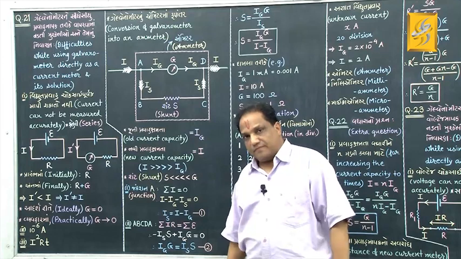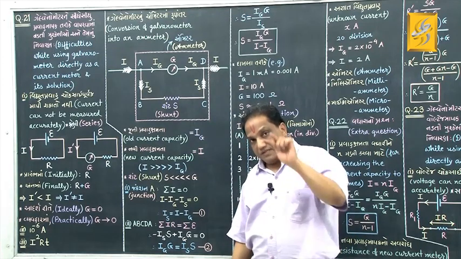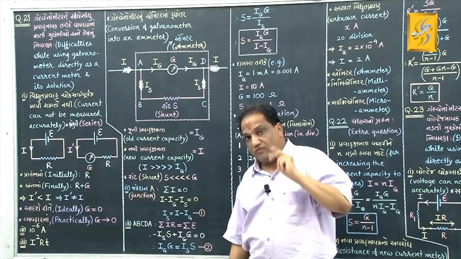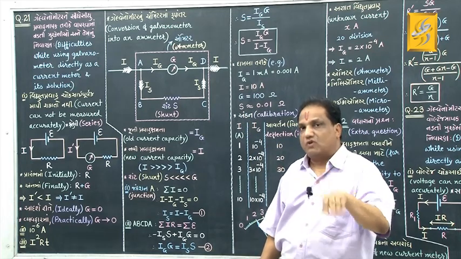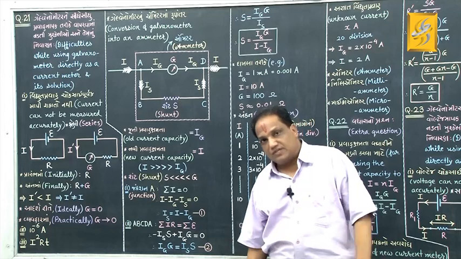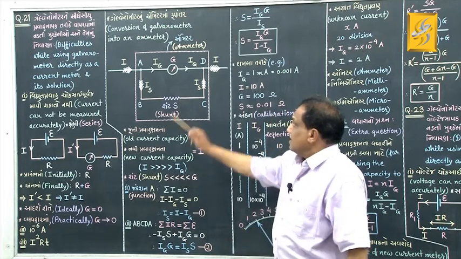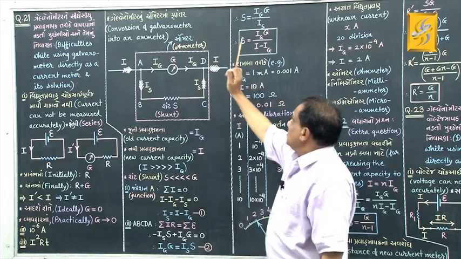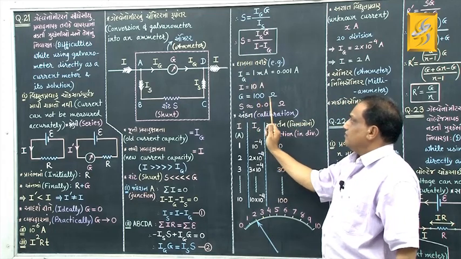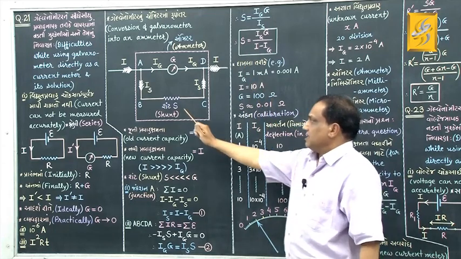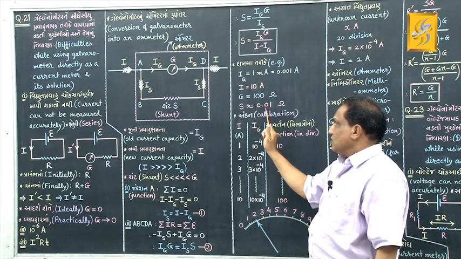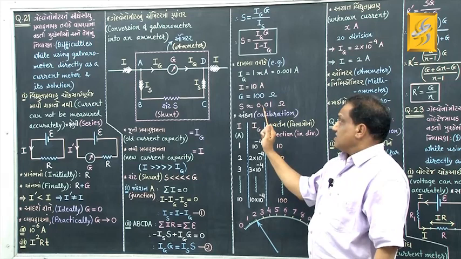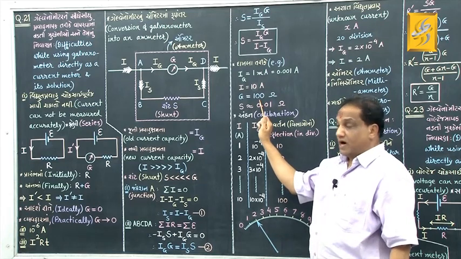First of all, tell me, don't you know one fact, that in a parallel combination of two resistances, the equivalent resistance will be smaller than the smallest. For example, here, this resistance I just assume, say 100 ohm, and suppose this resistance is 0.01 ohm. This resistance is 10,000th part of this.